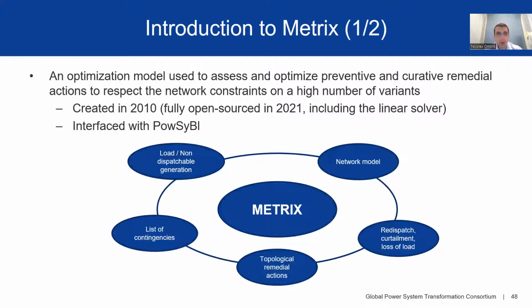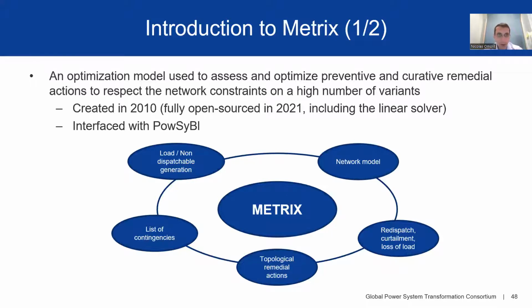Metrics is a computation module that is integrated into PowSyBl, which is used to assess and optimize preventive and curative remedial actions to satisfy network constraints on a high number of variants or points. In Metrics, you will find a network model.